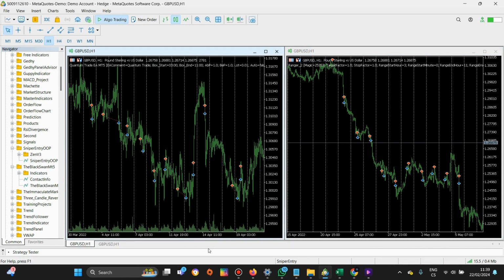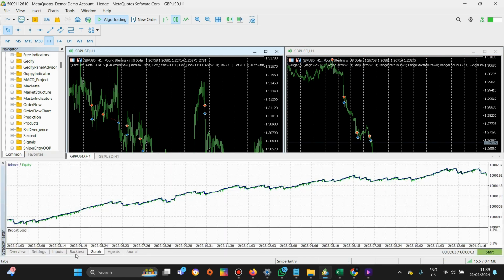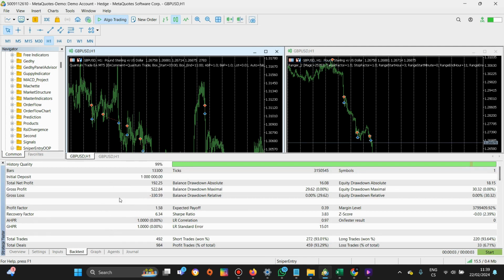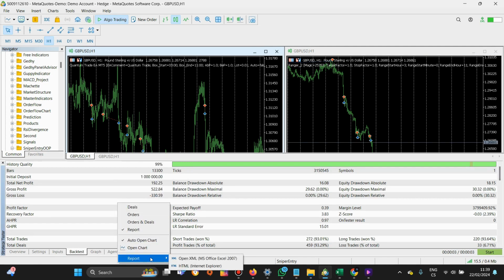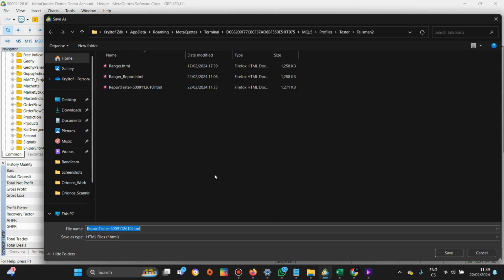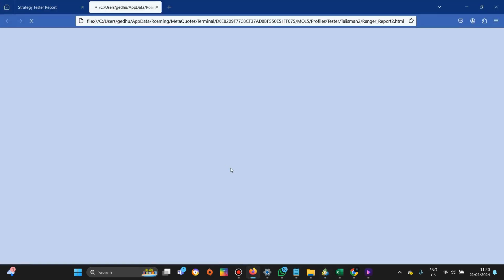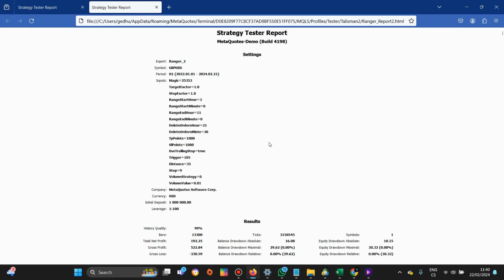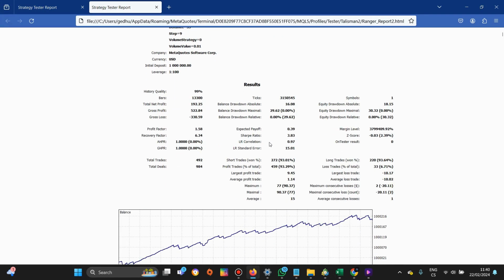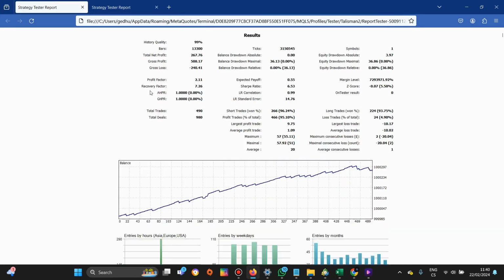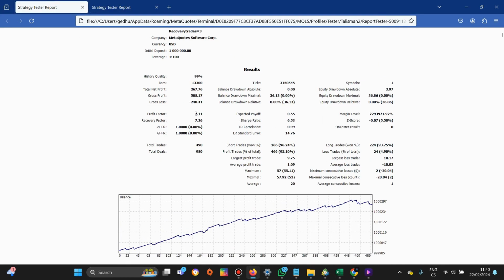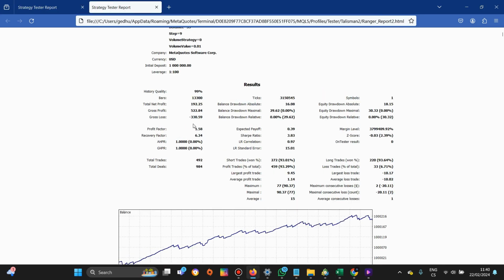And it also shows the same thing in the backtest results. So here are my backtest results. And if I save this and open it in HTML as Ranger report 2, then we can see that there are some differences, but not huge differences. So let's check it. Firstly, start with the profit factor, which is different.